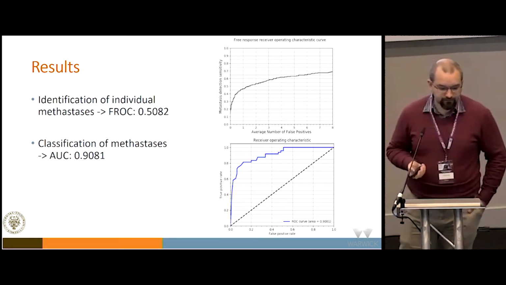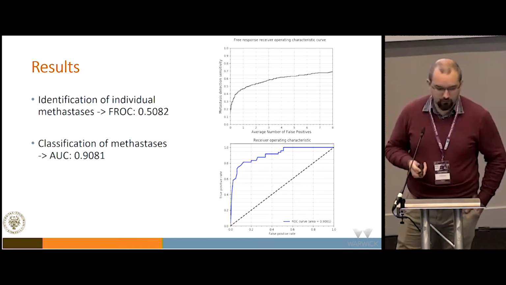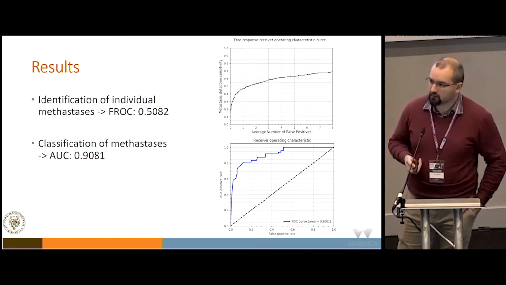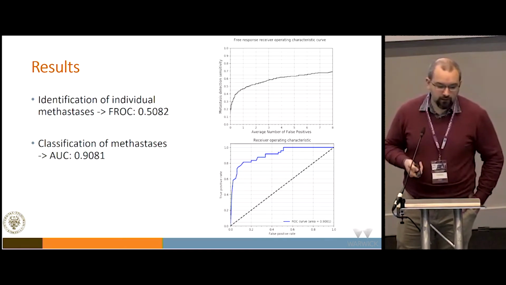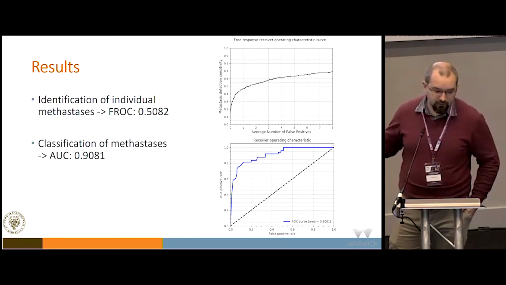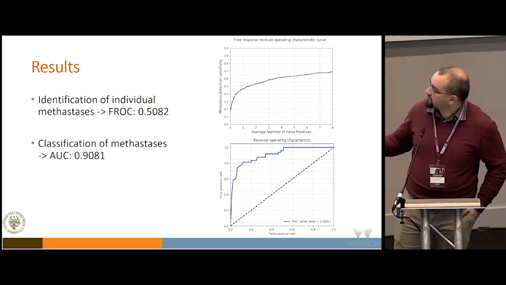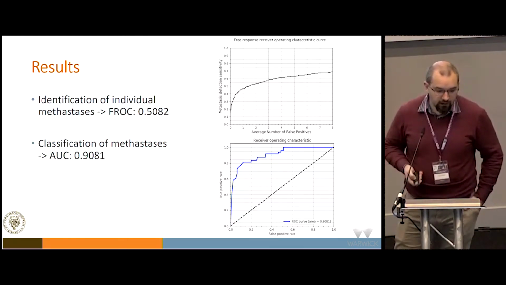So, quickly, the results. These are the results taken from the calculation of those values that I introduced before. We can see the FROC curve giving a score of more than 50%, and the AUC curve, so the classification of metastasis, of more than 90%.